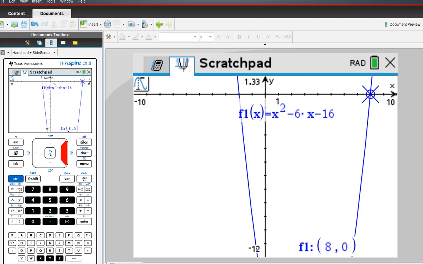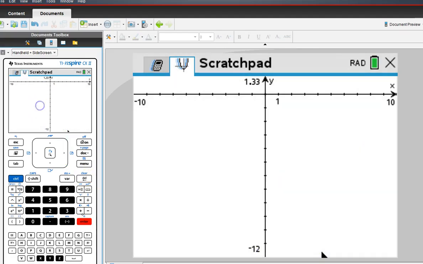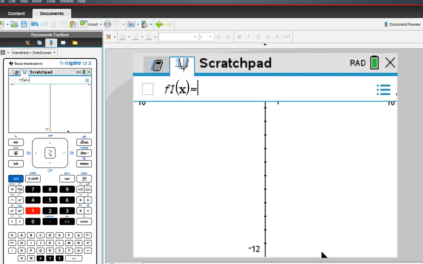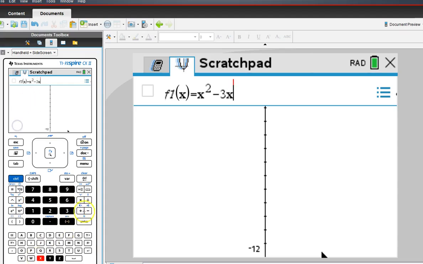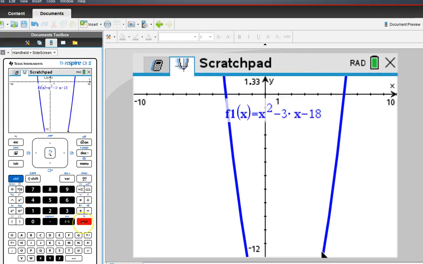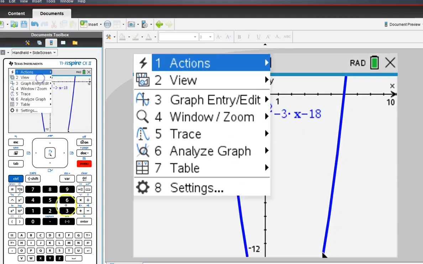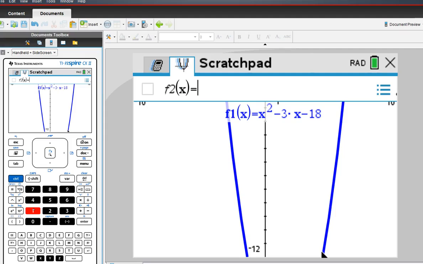So I'm going to go to my calculator, delete, delete, delete, menu 3-1, hit x squared minus 3x minus 18. Hit enter, and then I'm going to hit menu 3, 1, and I'm going to type in, let's do x plus 2.